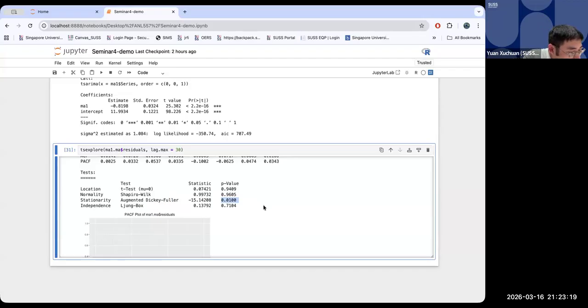And of course, you can fit MA2. So let's look at MA2.